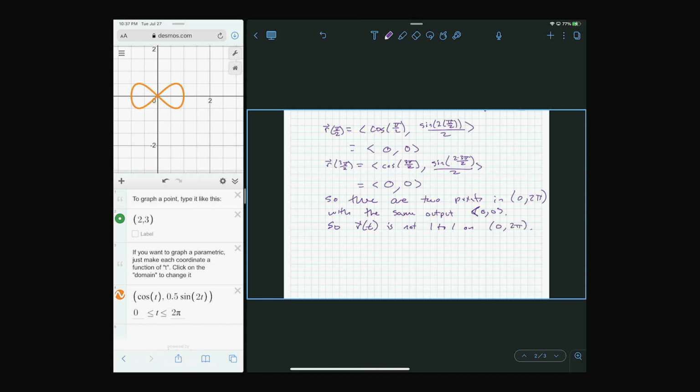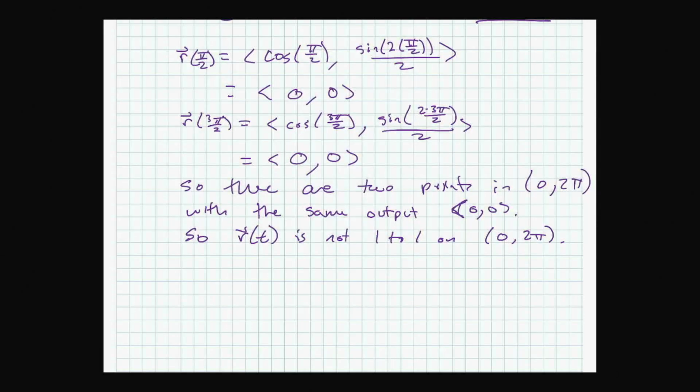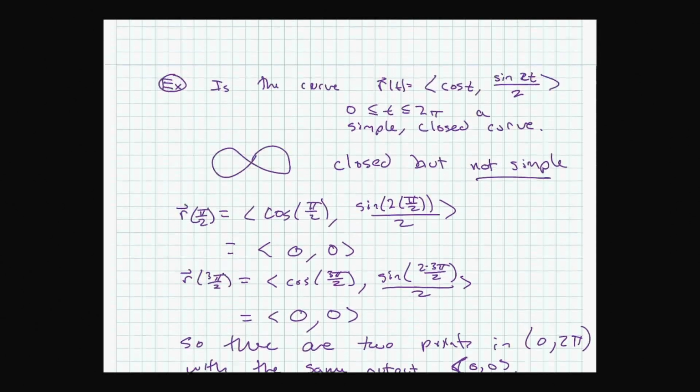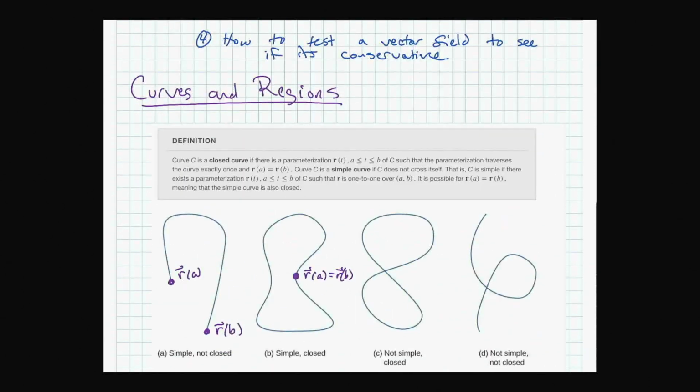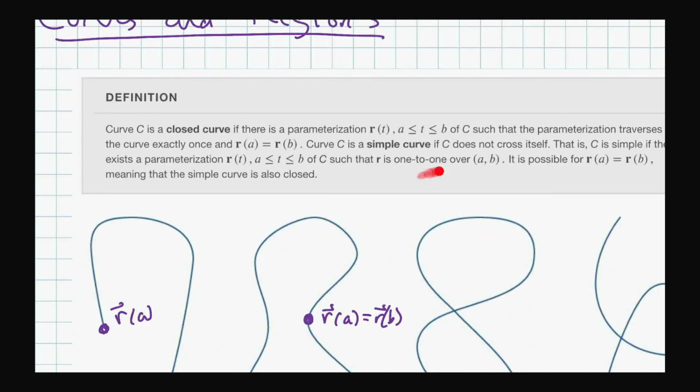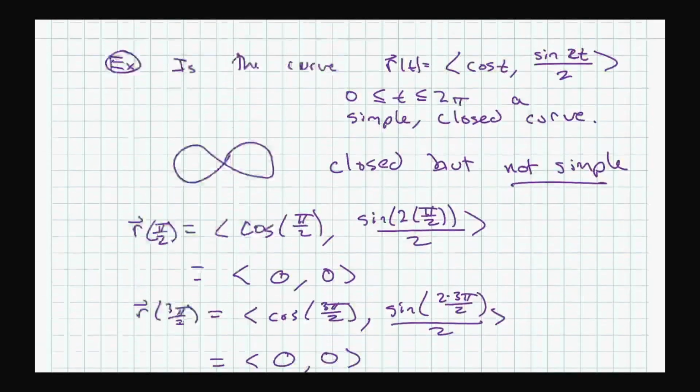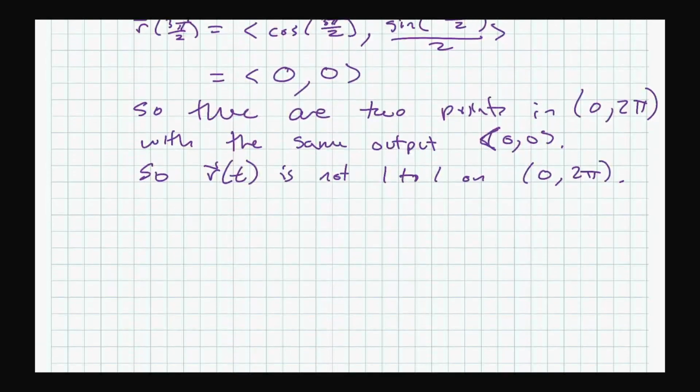All right, so that's what you'd have to do to mathematically prove that it was not simple, is actually find 2 points where you get the same x and y values there. Or just look at the graph and see that it crosses itself, right? But that's the definition. It says should be 1 to 1 over AB. And if it's not, then it's not simple. As simple as that.